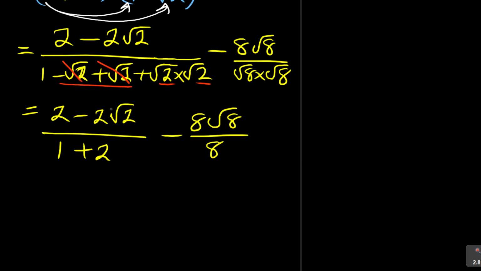And then we continue to say equal to, here what you have is, now you have to simplify it like this. If I say 2 minus 2 root 2 over 1 plus 2, which is 1 plus 2 is what? 1 minus 2. I don't know why I say plus. Careful there.